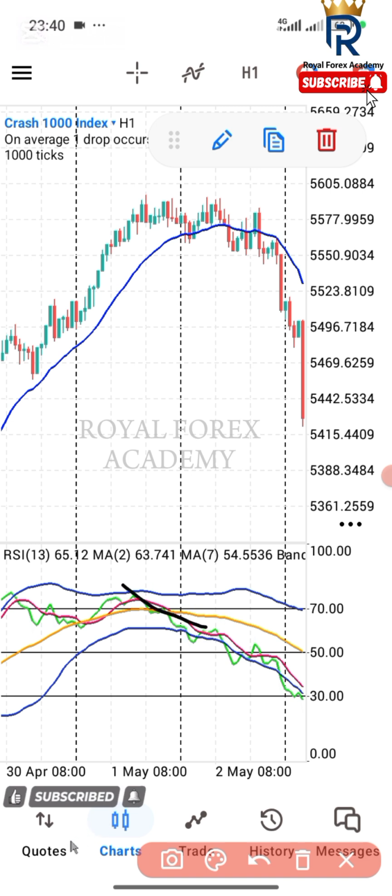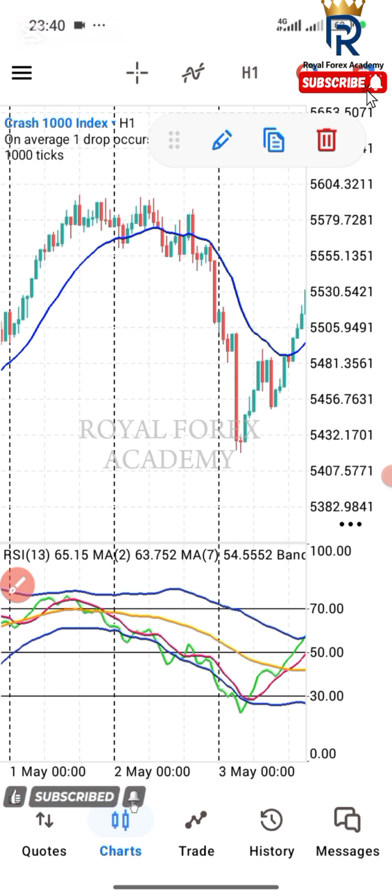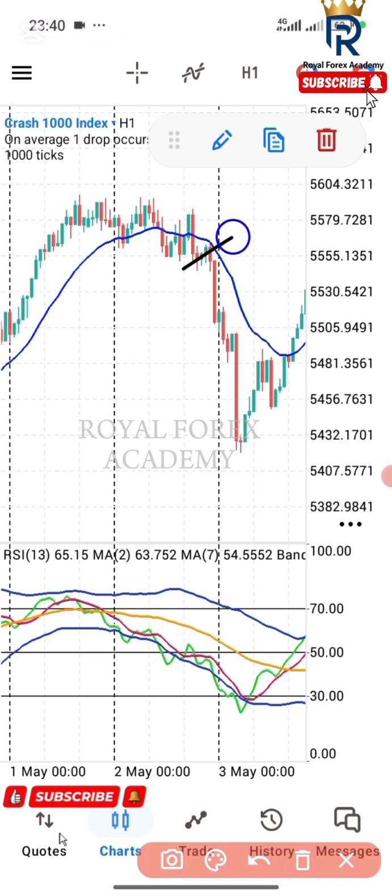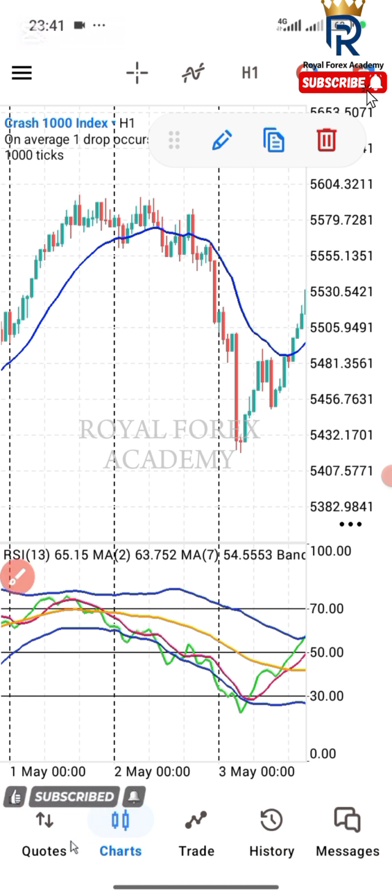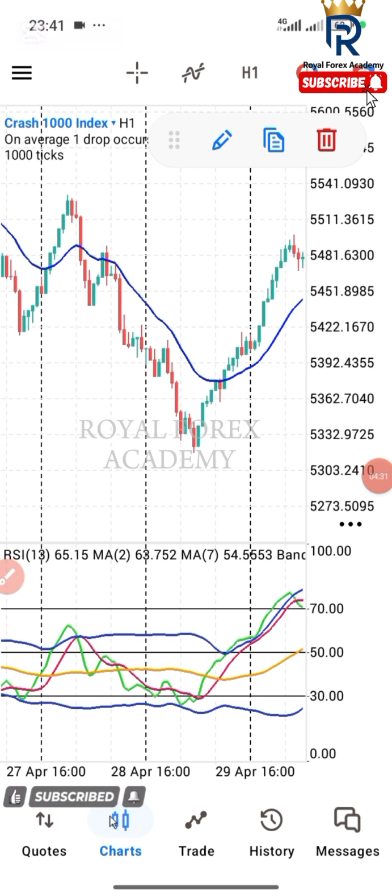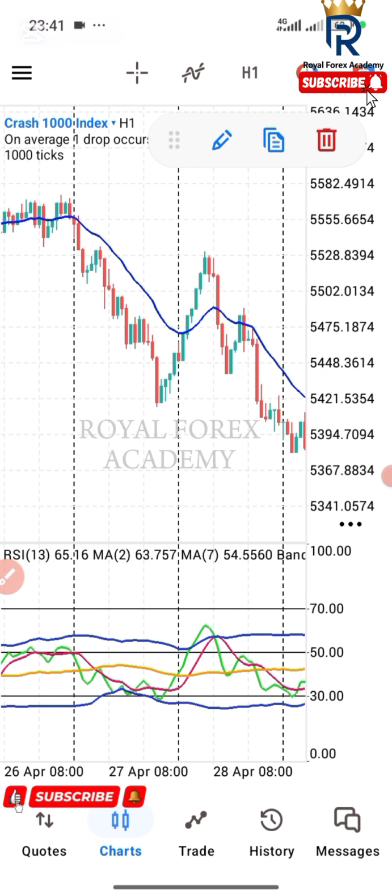So this is pulling down and this is pushing up. So this is divergence, and afterward you will see that price closes above the 20 period and becomes consistent in that particular direction. So this is one of the greatest tools that you can use.